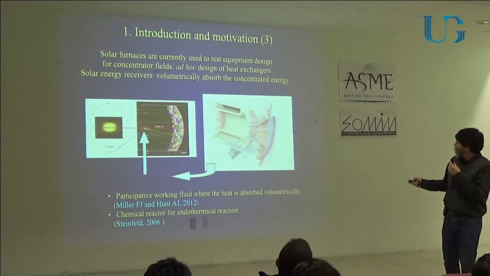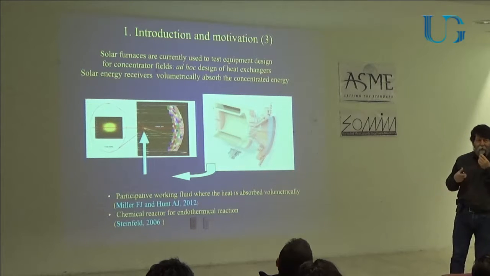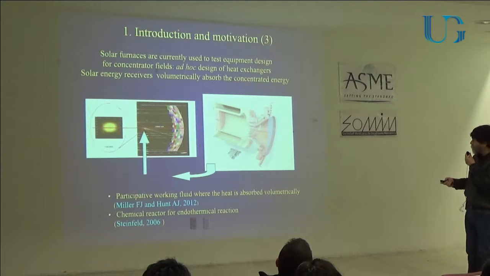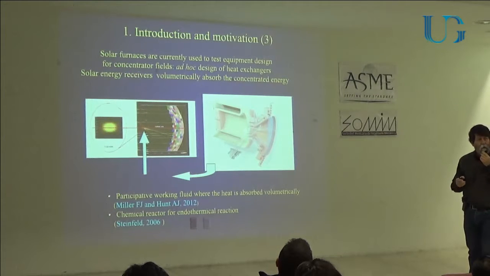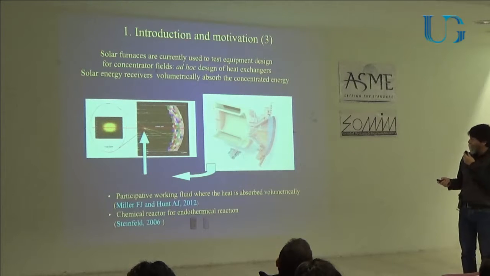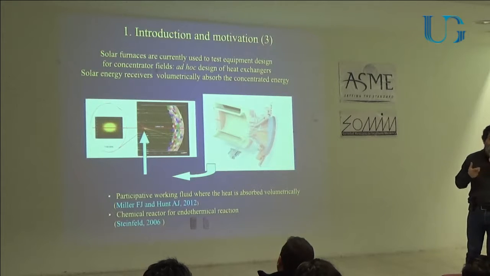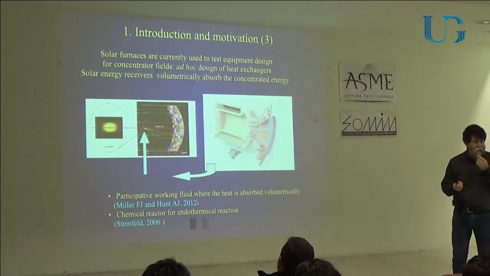So we call this a volumetric heat exchanger. The idea is to figure out what kind of working fluid we should use, and what we do essentially is use a gas with particles in suspension.